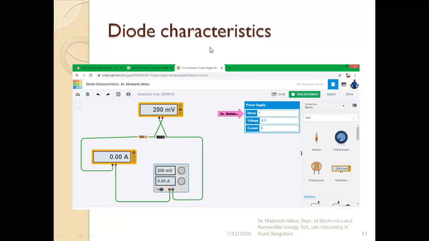In the next class, I'm going to explain some other components, and I'll introduce this Tinkercad software. You can practice in the Tinkercad software. Today's session, any doubts in this, please?